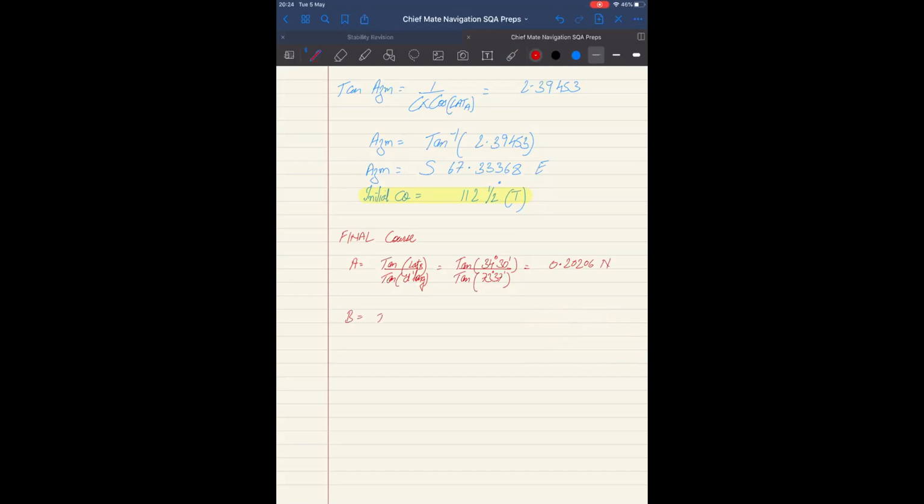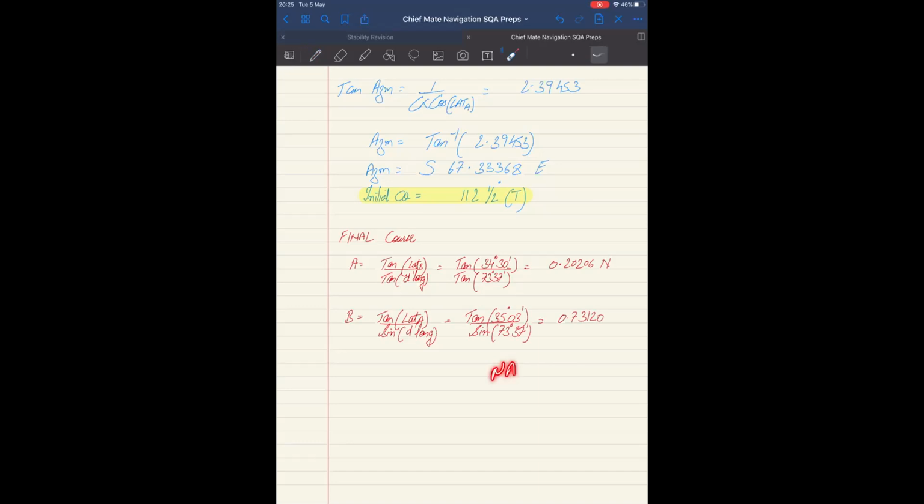So B is equal to tan of final lat, which is the lat A, over sine of D long, which is tan of 35 degrees, 03 minutes, divided by sine of 73 degrees, 37 minutes, which will give me 0.73120.